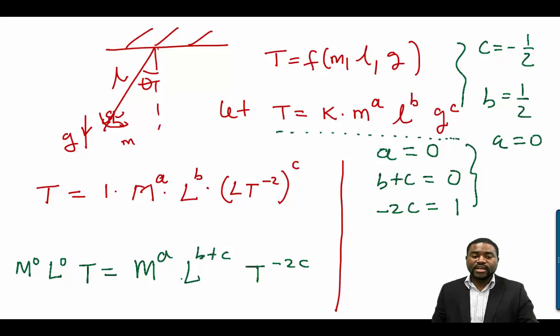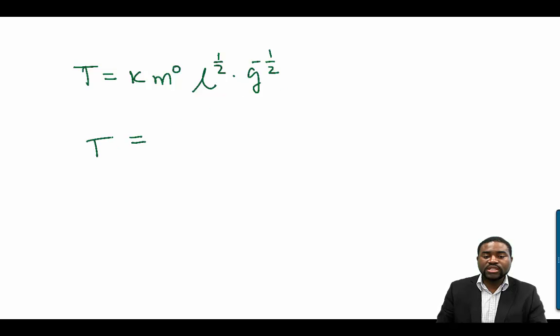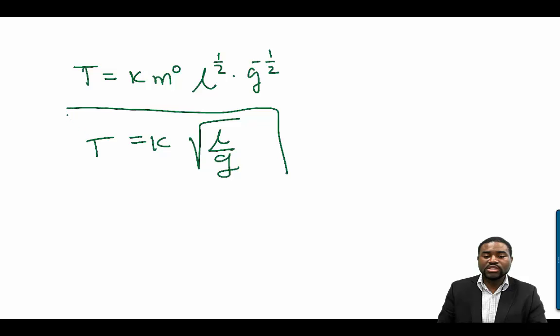Let me go to the next slide, which would mean that T is K, M, what is the value of a? L, what is the value of b? And what is the value of g? So all of this can be rewritten as T equal to K times the square root of L over g. This is the period of oscillation of a simple pendulum.